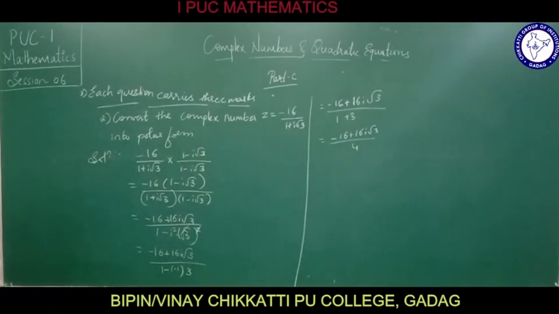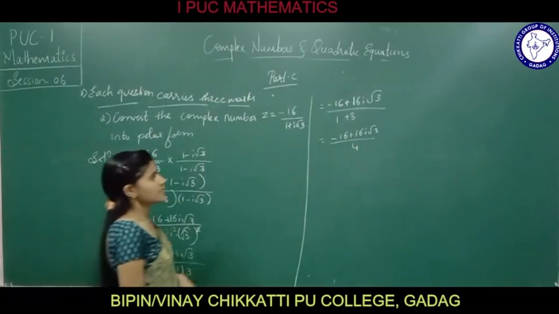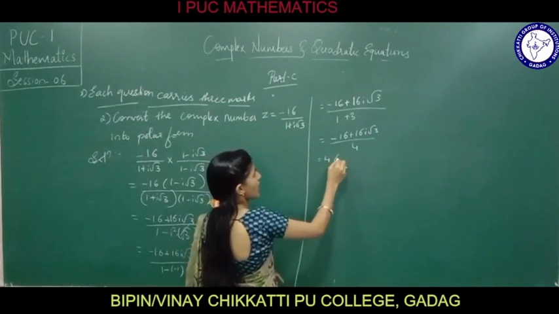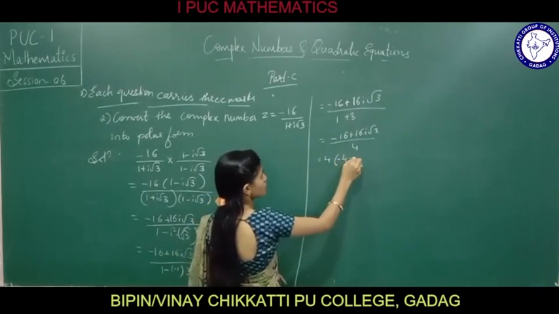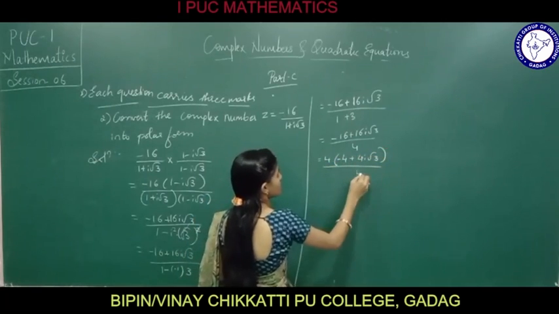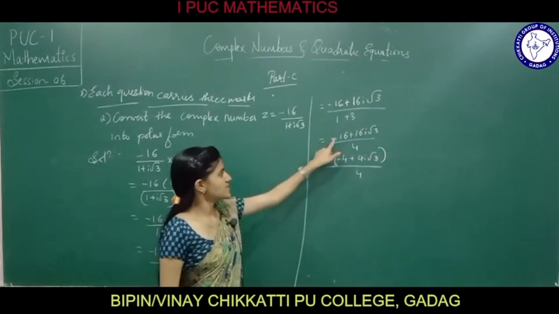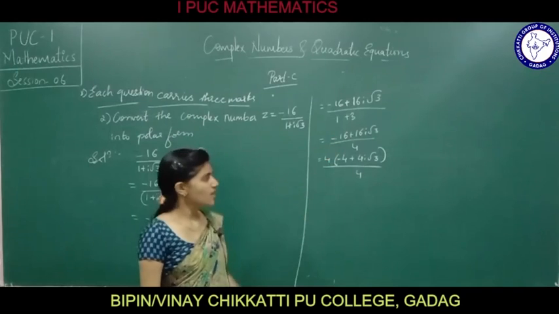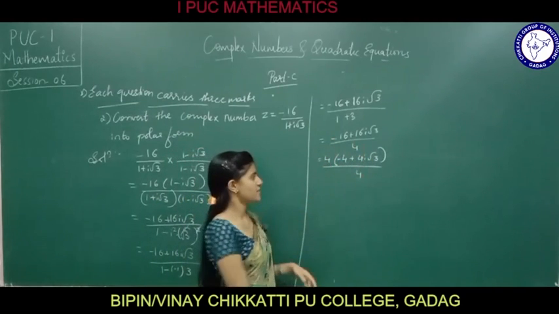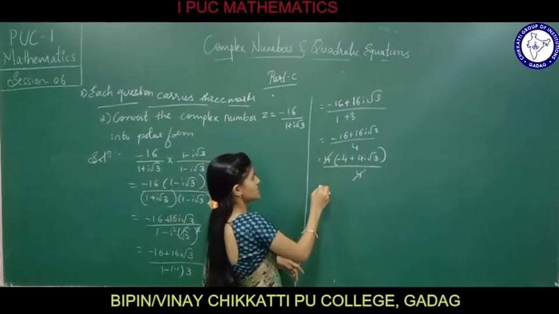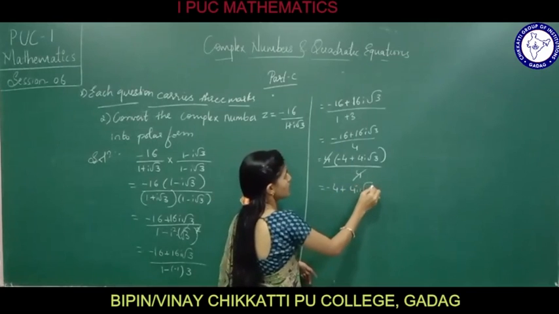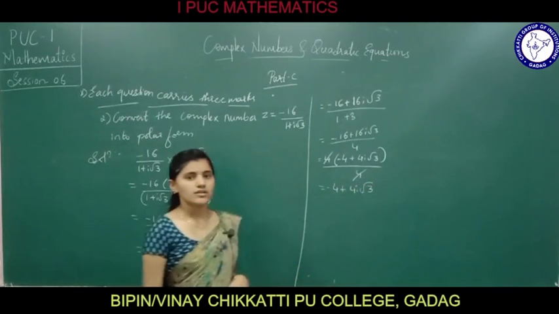What I am going to do is take out 4 common. If I take out 4 common, I am left with minus 4 plus 4 i root 3 divided by 4. Why so? 4 fours are 16, plus into minus is minus, minus 16. 4 fours are 16, i root 3 divided by 4. Now 4 and 4 is going to get cancelled. I am left with minus 4 plus 4 i root 3.